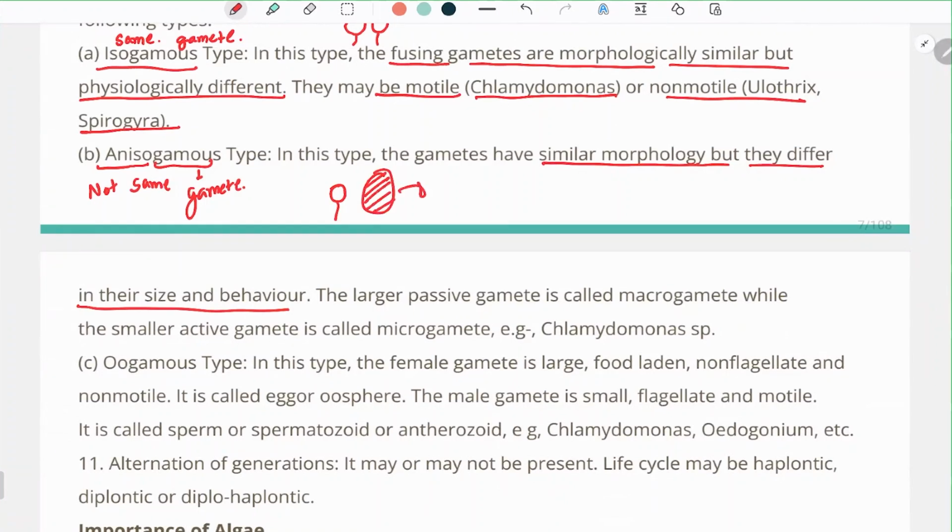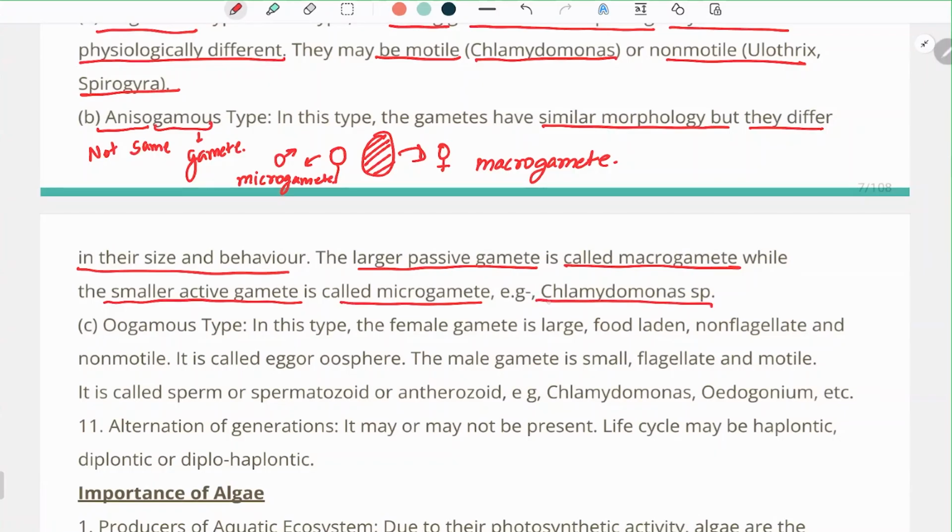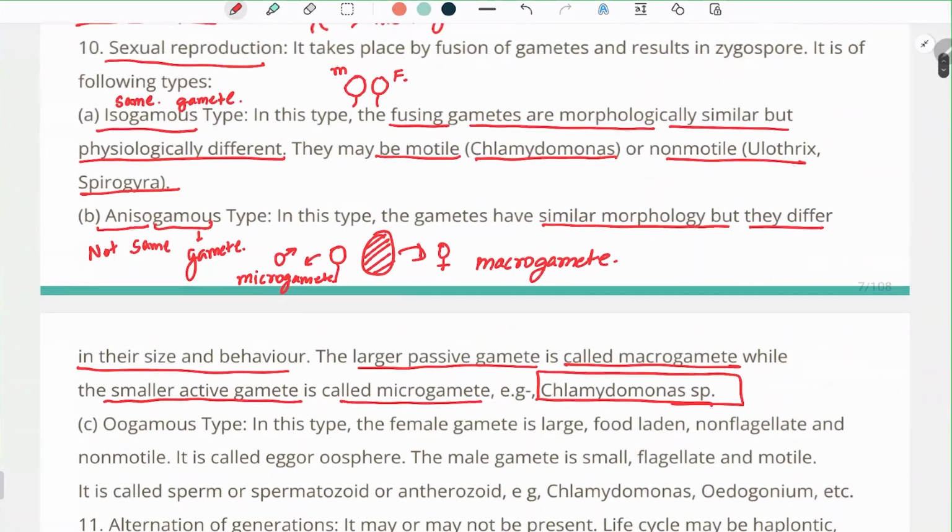The one which is large comes from the female, and the one which is small comes from the male. The larger passive gamete is called the macrogamete, while the smaller active gamete is called the microgamete. The microgamete will mostly bear a flagellum so that it can travel to the macrogamete. Chlamydomonas is an example of the isogamous type of fusion.